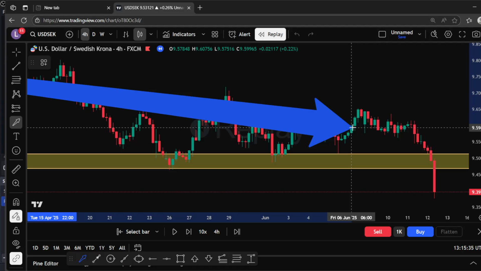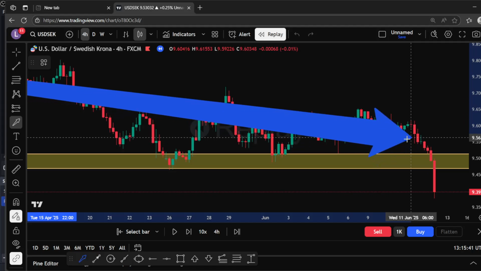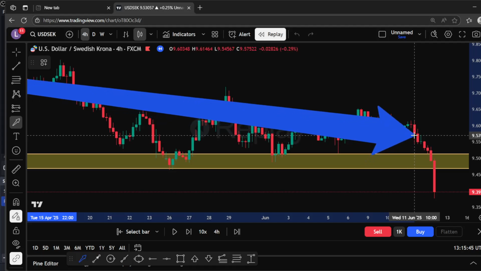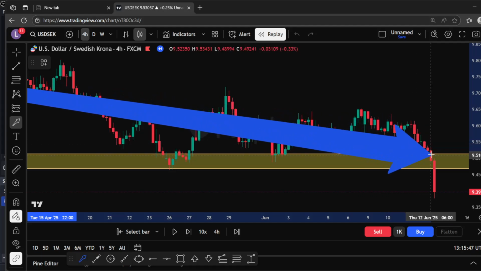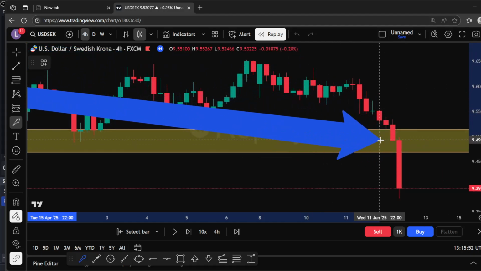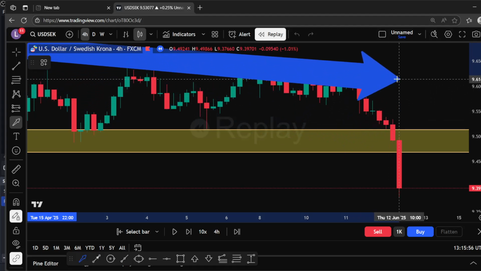The worst case scenario would be that you take a break even trade, but most traders are still going to hold on to that trade, believing that this pullback here will be a retest of this level before it bounces up again.